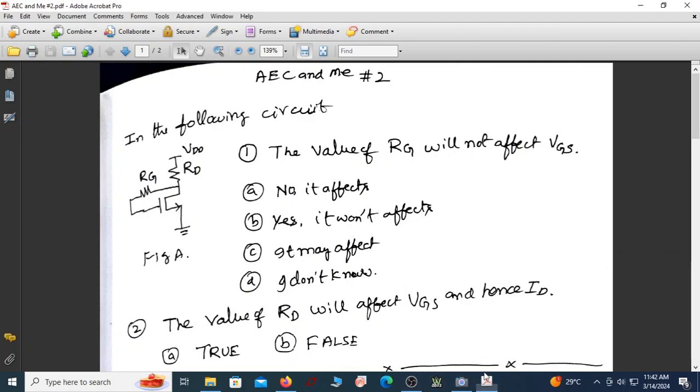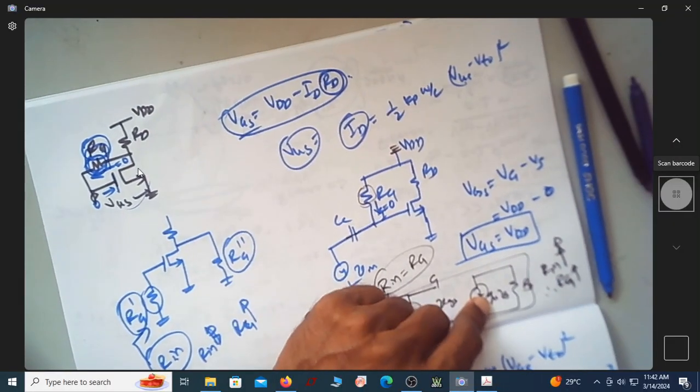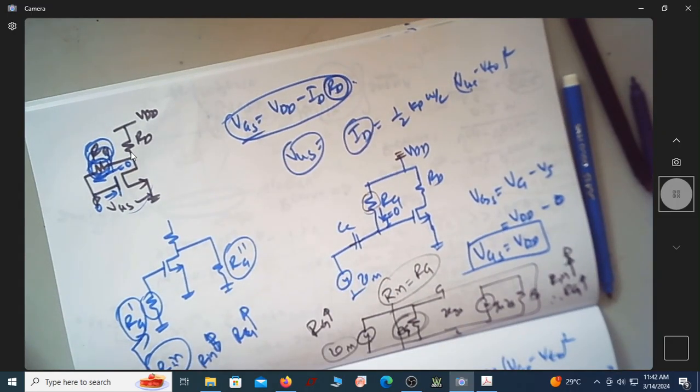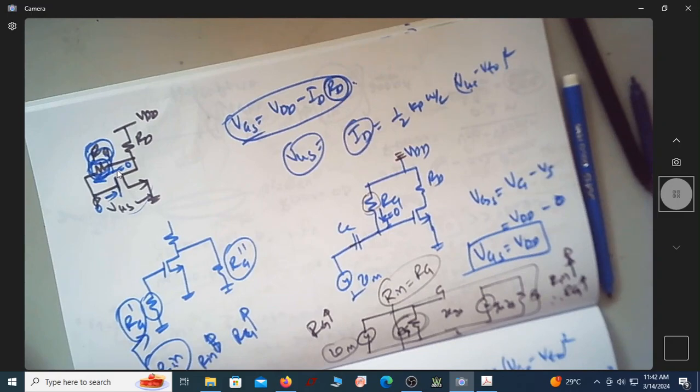If I understand from this circuit, VGS can be written as the voltage at this point with respect to ground, because the source is grounded. The voltage at this point is nothing but the voltage at this point, because this is an insulator and current won't go into this MOSFET. So this current is 0, which means this drop is also 0.